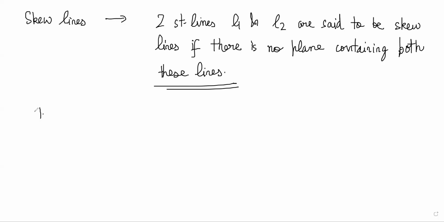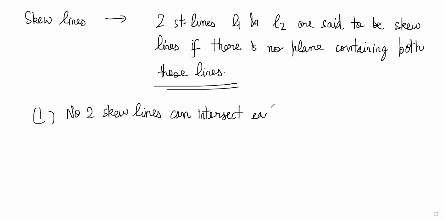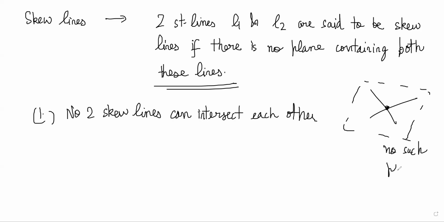So two properties that you should know: no two skew lines can intersect each other, because anytime two lines intersect, they have to be in the same plane. But there is no such plane for two skew lines. So they can never intersect, correct?